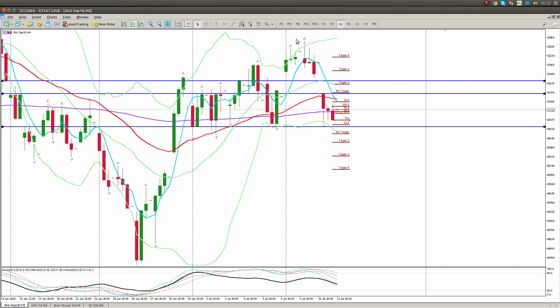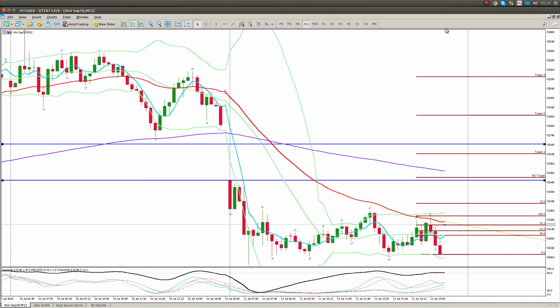So I'm still playing this break of the range. This was a break of the range up, and I'm still looking for this measured move until this breaks to the downside. That is a point where it's a reversal. So at this stage, it's still a consolidation for a move to the upside. That's my trend, and that's the way I'm playing this.